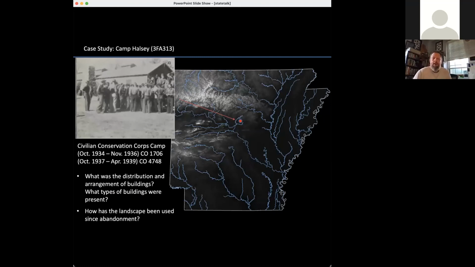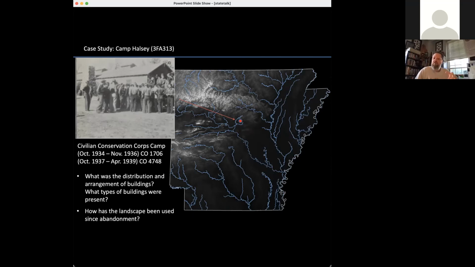zipping along here to our third case study, Camp Halsey. Camp Halsey was a Civilian Conservation Corps camp located in northern Faulkner County. Young men from around the state and some from the neighboring states occupied the landscape on two different occasions. The first was as Company 1706 from October 1934 to November 1936, and then again as Company 4748 from October 1937 to April 1939.